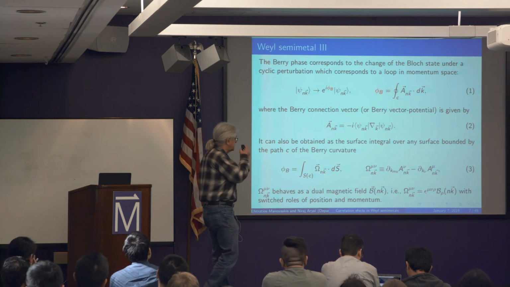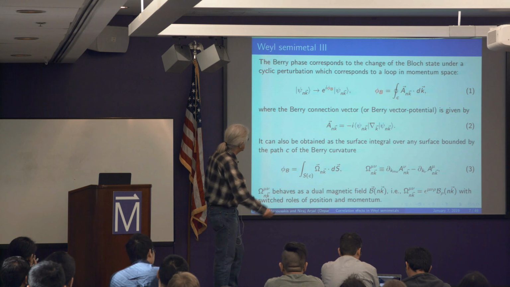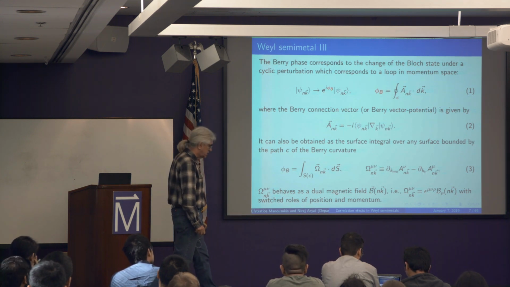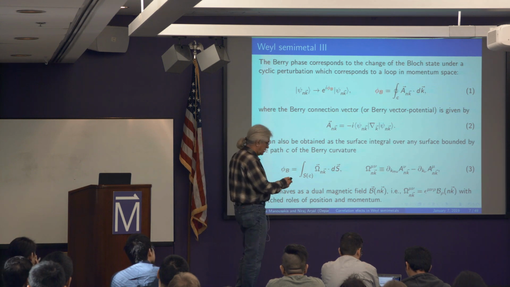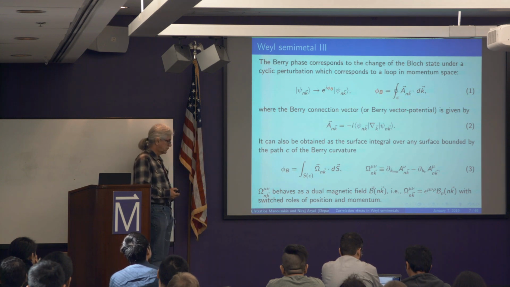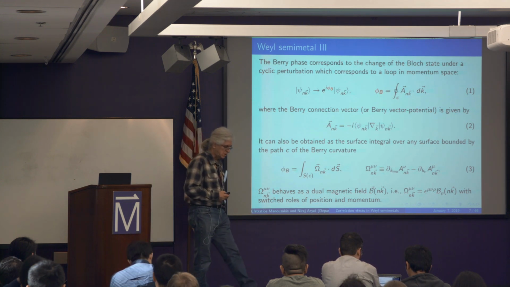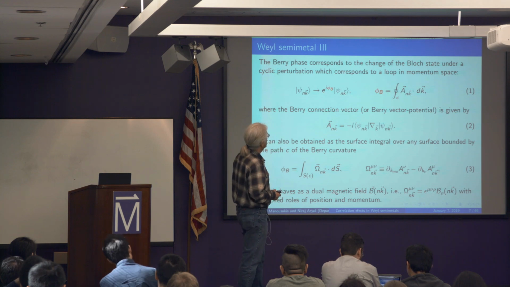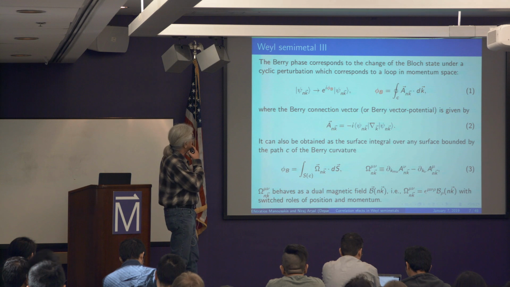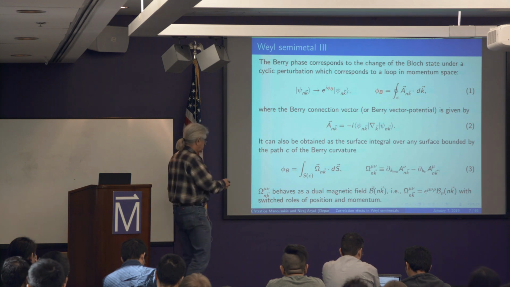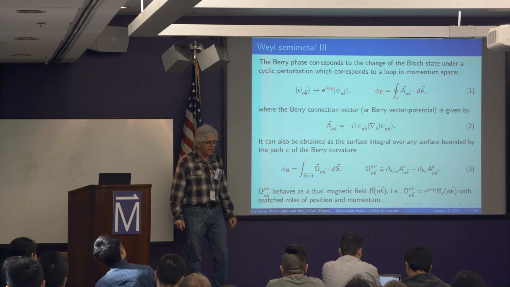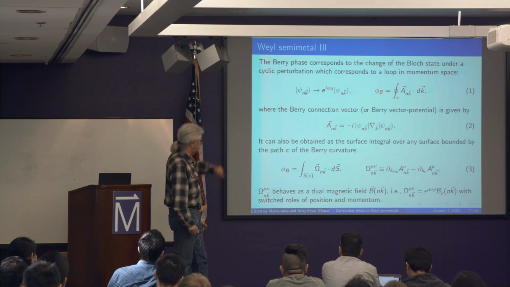So in that case, besides the dynamical phase that you get with the evolution of any quantum mechanical eigenstate, you have another phase, and that phase is defined by a Berry connection, a Berry vector potential A, which is basically the expectation value of kind of the dual momentum, if you like. It's the derivative with respect to k in momentum space.